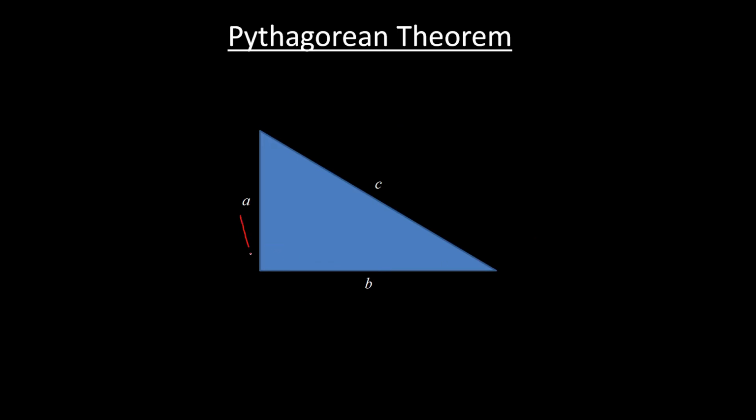I have my standard convention here, A, B, C, written in a counterclockwise way. The Pythagorean theorem is a squared plus b squared equals c squared. And what I want to do here is just show you quickly why this is true.